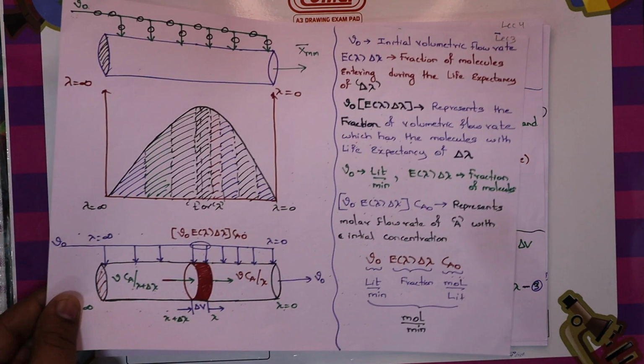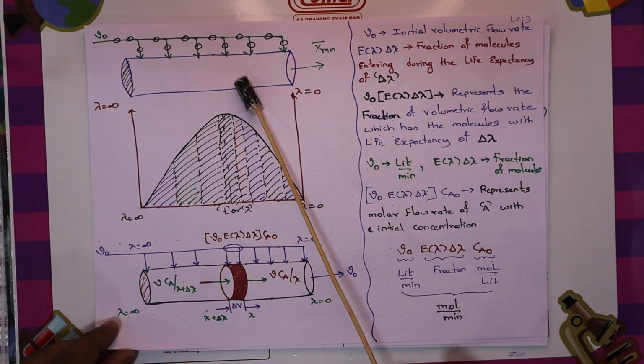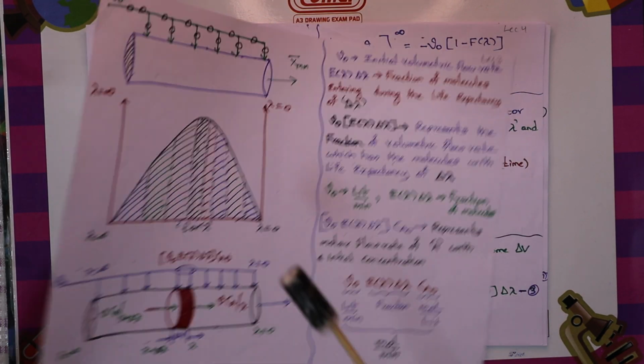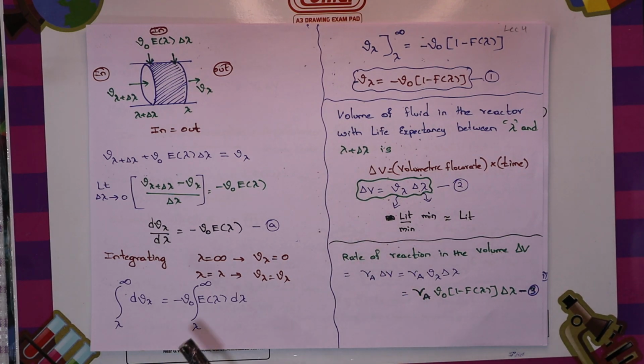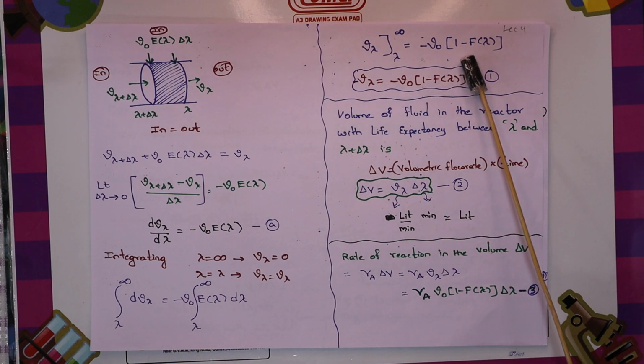So you have to integrate on the left hand side from lambda up to a certain lambda, left hand side to right hand side. Therefore, integrating from lambda to infinite, this expression will become minus nu 0 into 1 minus f of lambda.